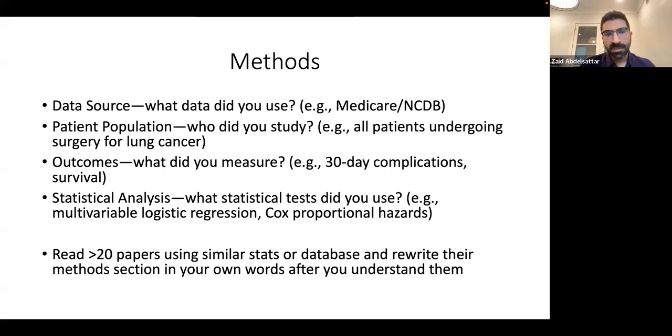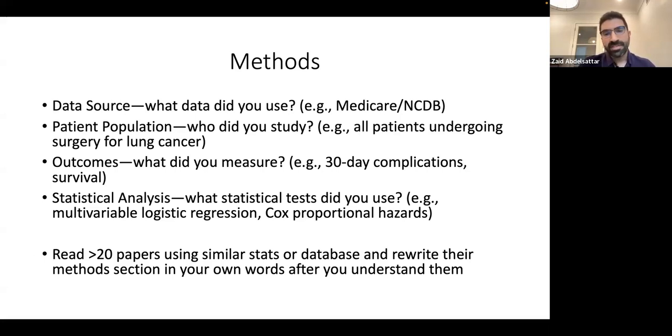expose them to. In this outcome section, you also describe your dependent and independent variables. Examples of independent variables are age, sex, race, demographics, comorbidities, all these things fall in there. And your exposure variable is the thing that you're testing specifically.